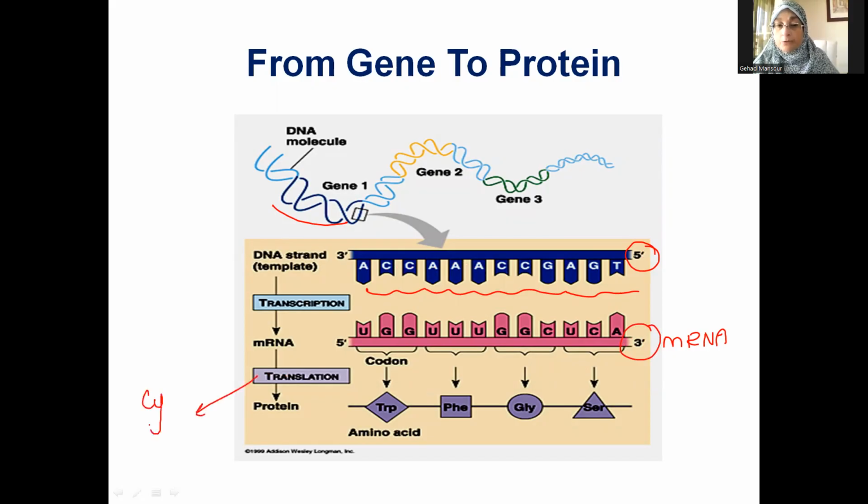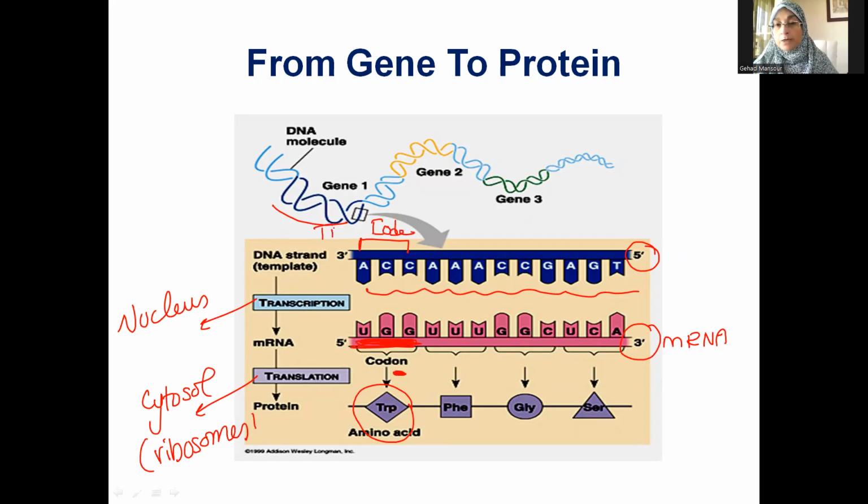And then here in the cytosol, this process of transcription occurs in the nucleus, and in the cytosol, the process of translation occurs in the ribosomes, and every 3 successive nitrogenous bases on messenger RNA are translated into an amino acid and are called a codon, whereas every 3 consecutive nitrogenous bases on DNA are called a triplet code, not a codon.